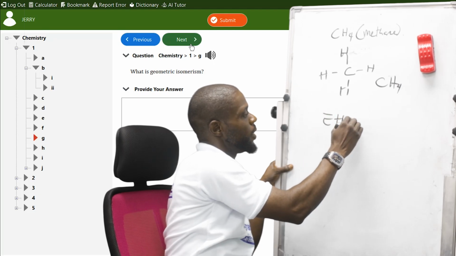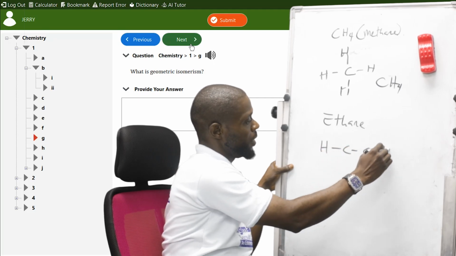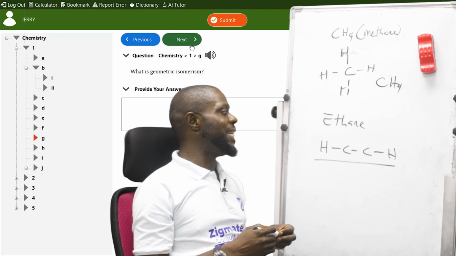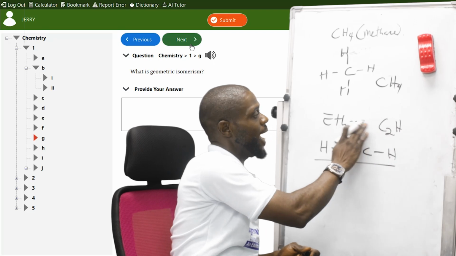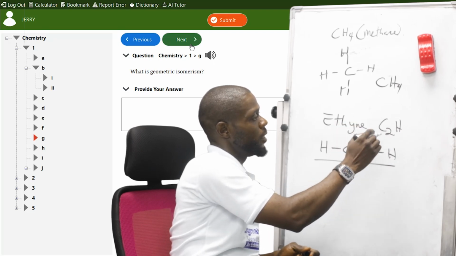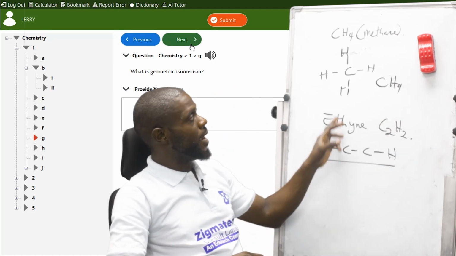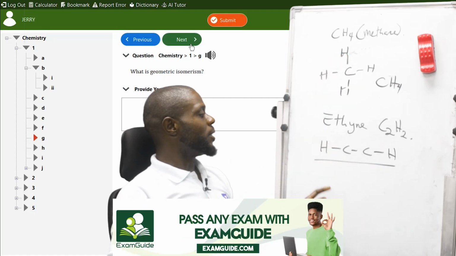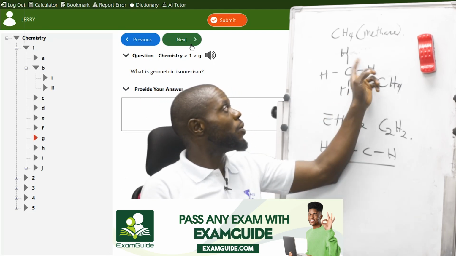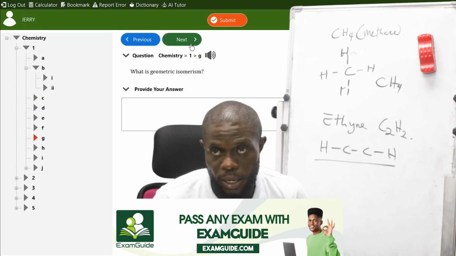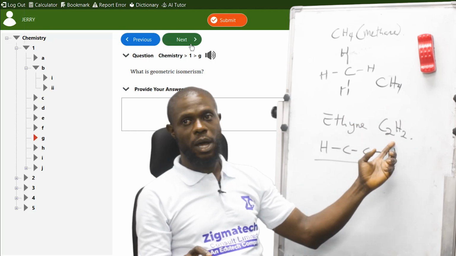While ethane has a structure that is linear. This is ethane and methane. So the molecule of ethane is linear in shape, while the molecule of methane is tetrahedral. So that means if you check, they have the same molecular formulas.